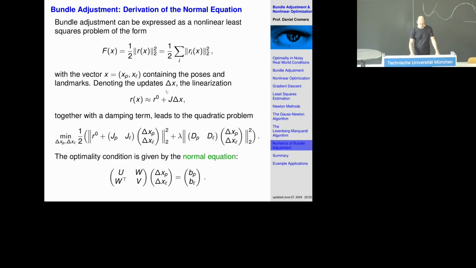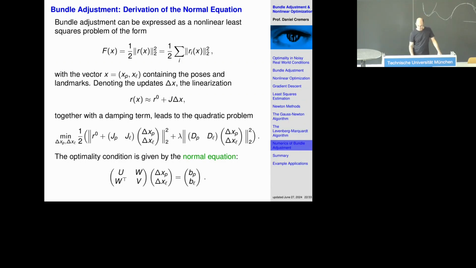And now we try to find an update in the parameters for the cameras and the parameters for the 3D points, delta xp and delta xl. And once you insert this linearization in this loss function, you get this expression here with the residual r0 plus the Jacobians in the camera poses and the landmarks times delta xp, delta xl, squared.